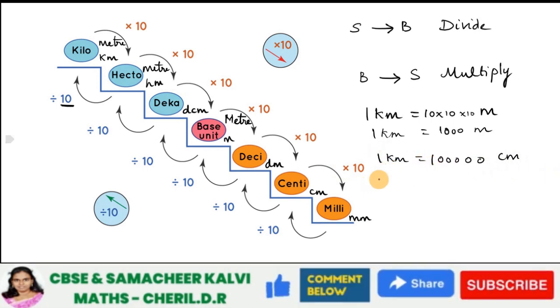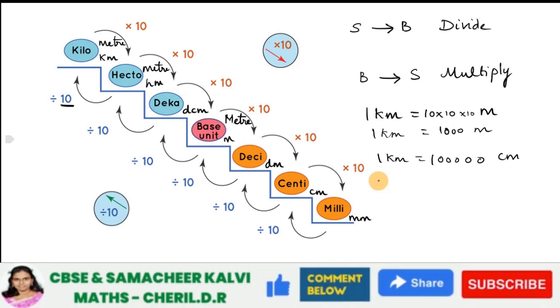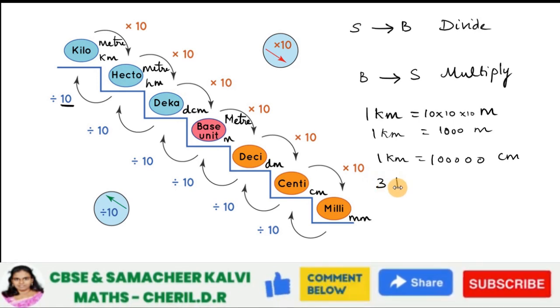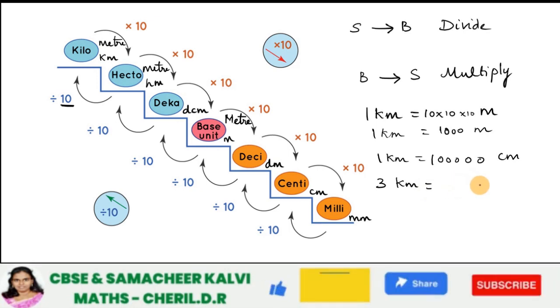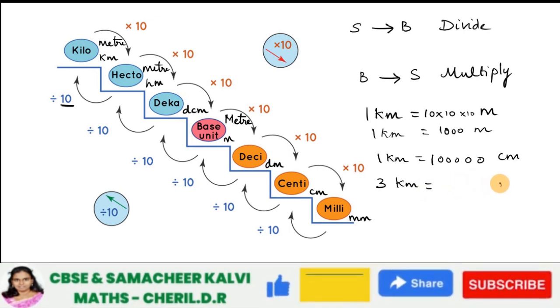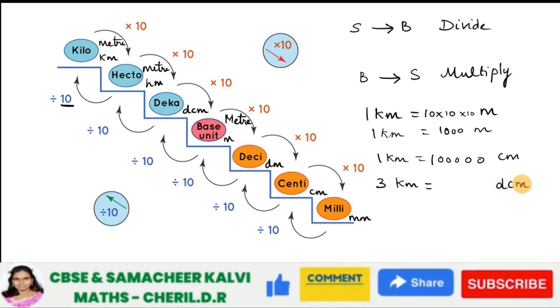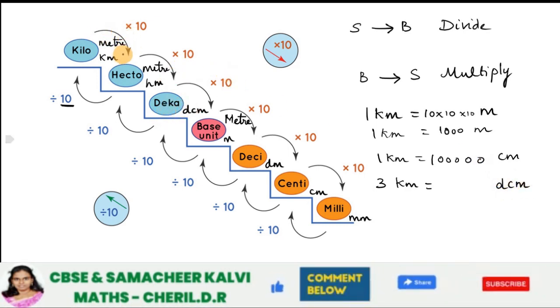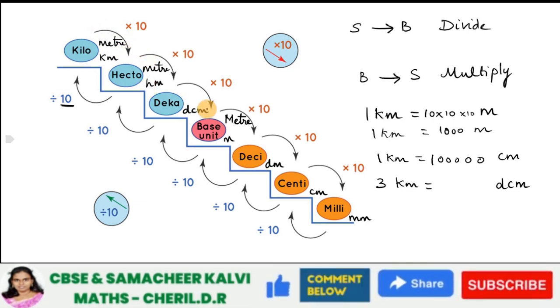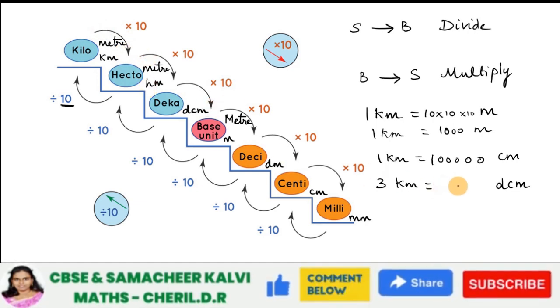Now I'll give you a different number. If I have 3 kilometer in terms of decameter, how many leaps are there? 1 and 2, so 2 leaps. So you are going to multiply by 10 twice, so 100.